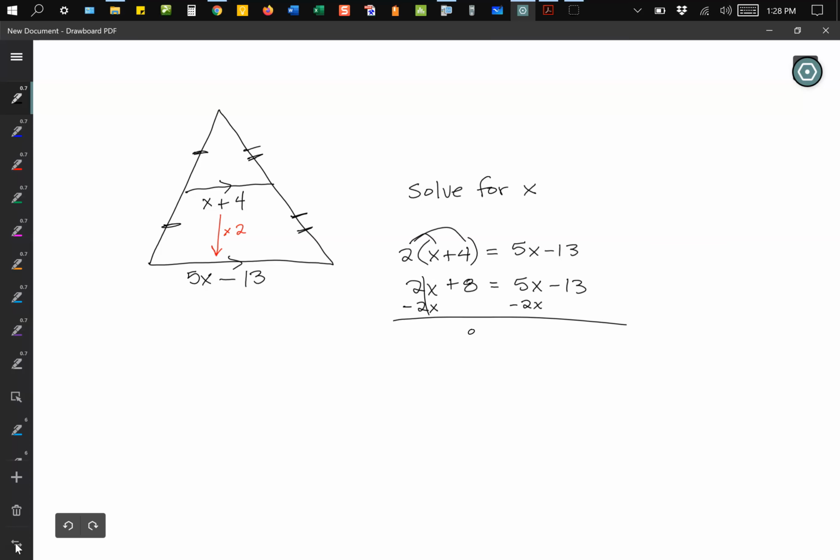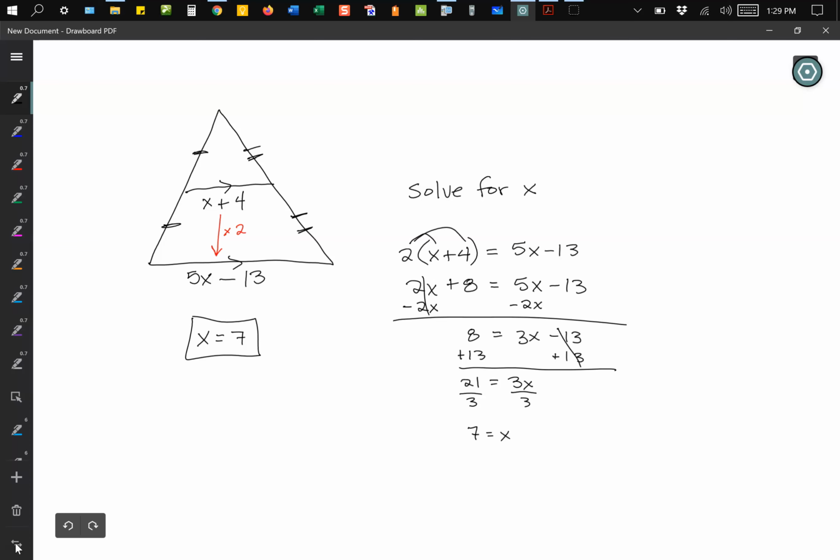So that gives me 8 equals 3x minus 13. And then you want all the numbers on the other side. So add 13 to both sides. Oh, this is going to turn out. And that will give you 21 equals 3x. Divide by 3. And you get 7 equals x, or x equals 7.